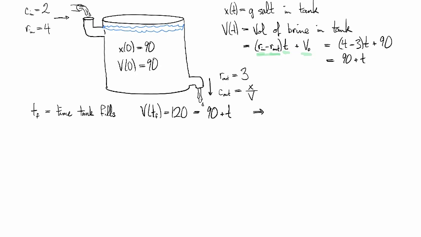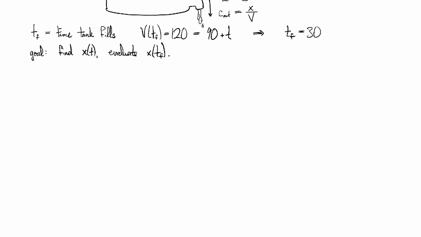So that tells you that tf is going to be 30. So the goal for solving this problem is to find x of t and then evaluate x at time tf, and that will give us the amount of salt in the tank at the time the tank is full.